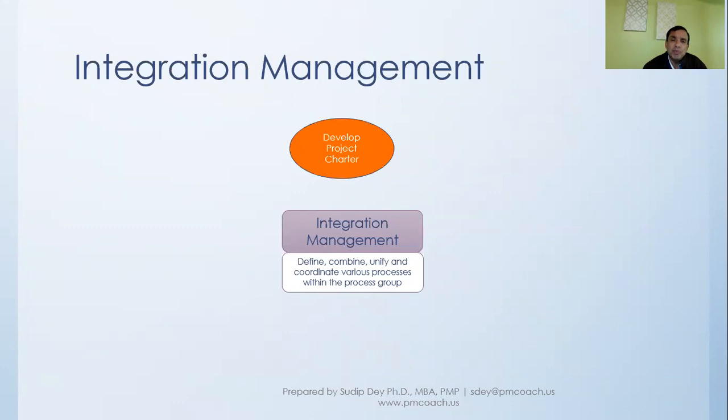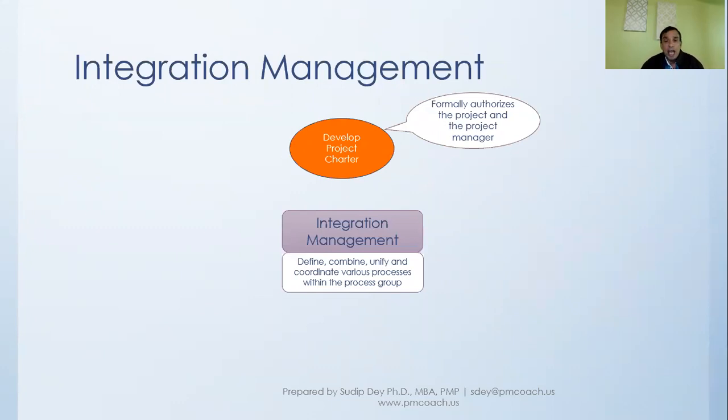So what are the individual processes? One that we'll talk about is develop project charter. This is one of the first processes we'll look at. With this process, we actually formally authorize the project. The project gets formally authorized, and even the project manager.